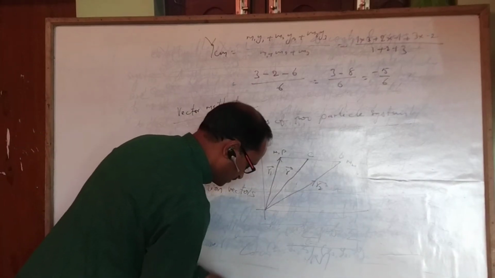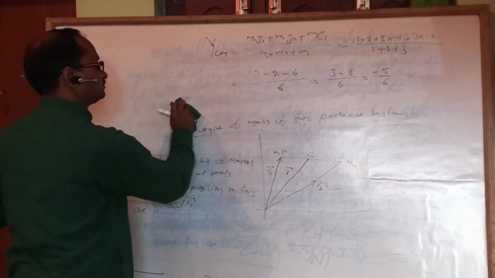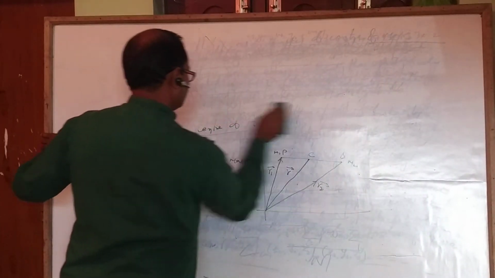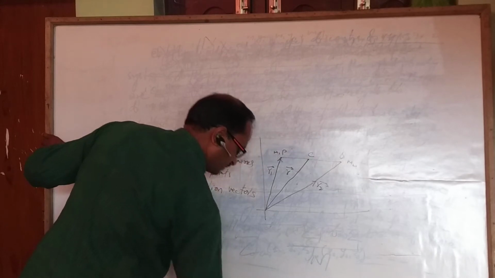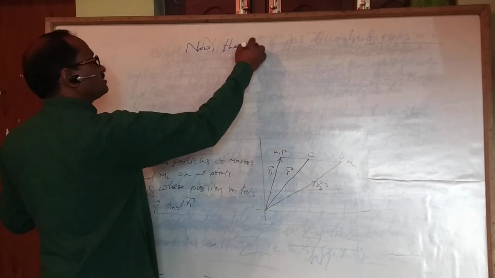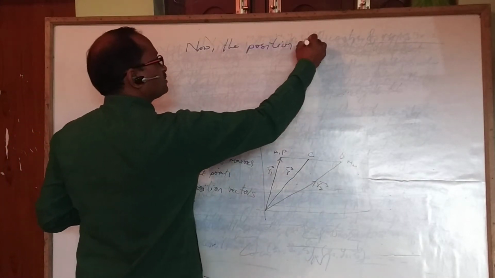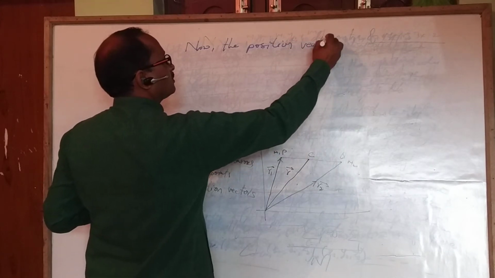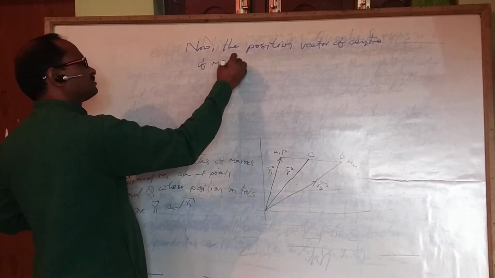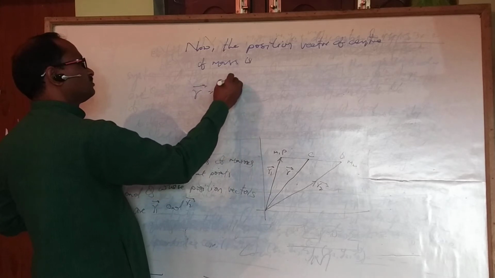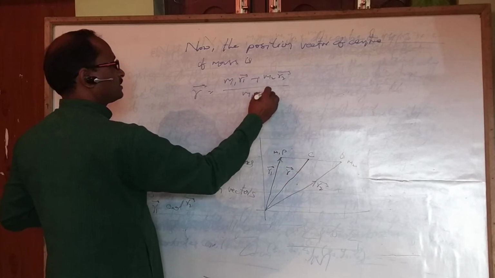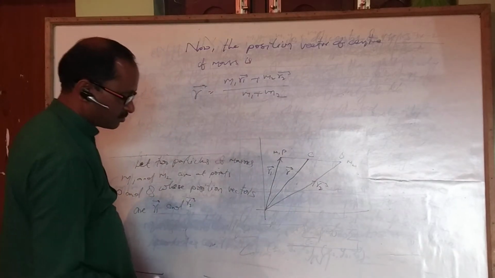Now the position vector of center of mass is r equals (m1 r1 + m2 r2) / (m1 + m2). This concept can be extended for a multi-particle system.